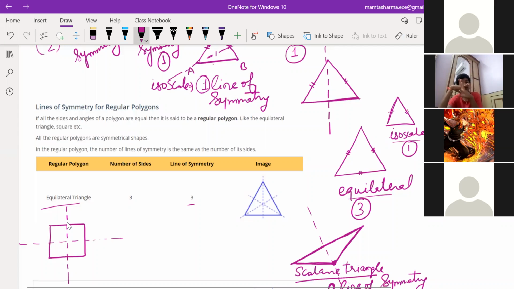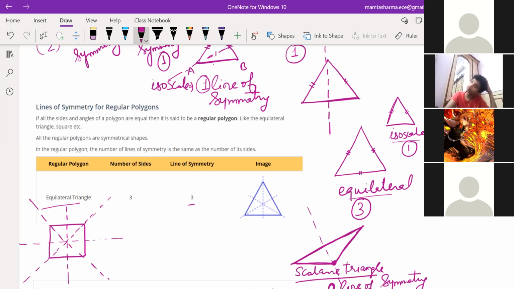The cross lines or diagonal lines would divide this into 2 equal triangles. Or you may draw this way also. So there would exist 1, 2, 3, 4. So there would exist 4 lines of symmetry for the square.